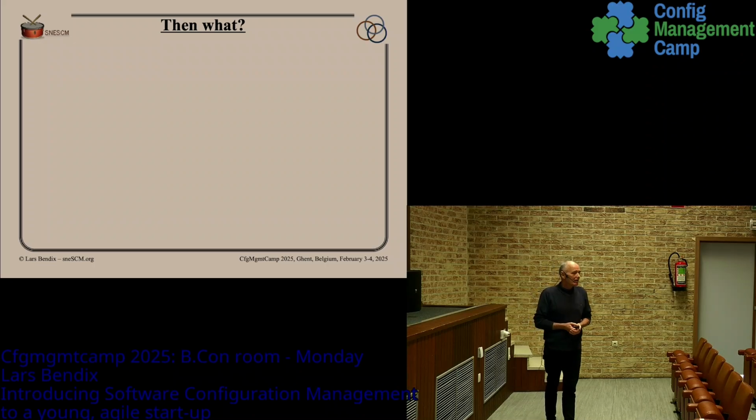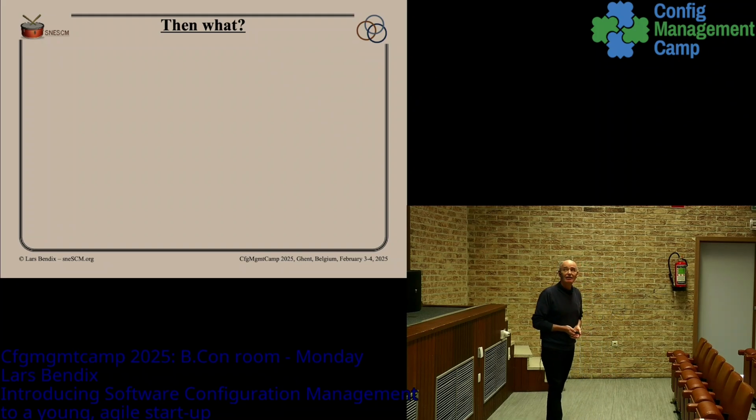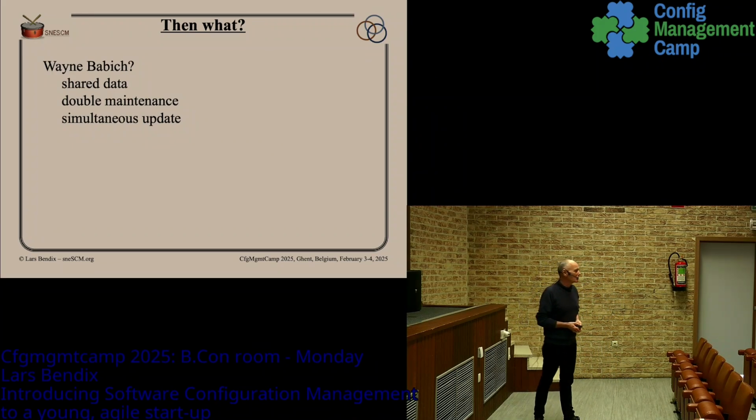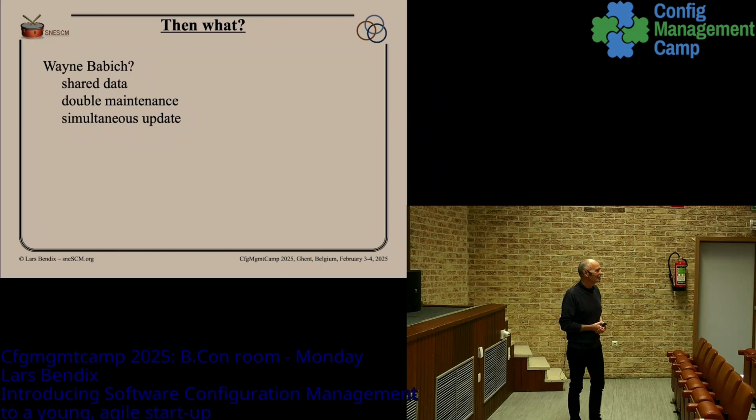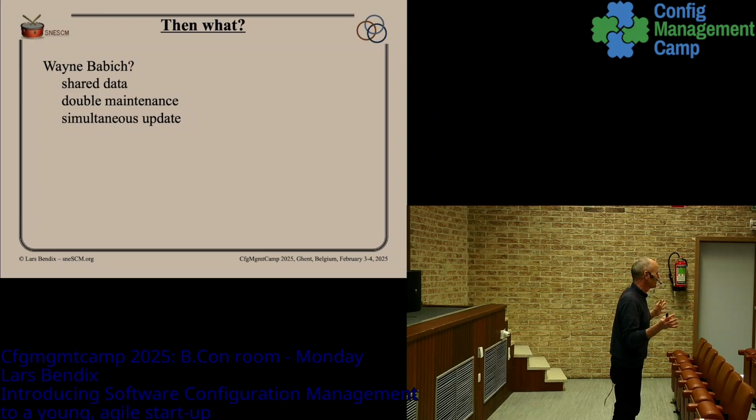At the oral exam for my students, when we get to this point, they sort of say, well, if it isn't Git and branching, then what about Wayne Babbage? The 3 coordination problems of a team that Wayne Babbage identified. These students know that my superhero of software configuration management is Wayne Babbage.